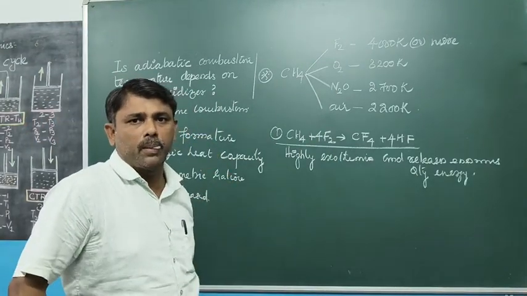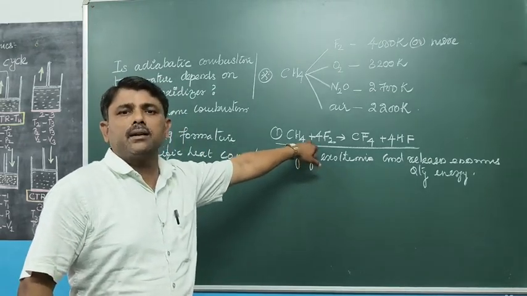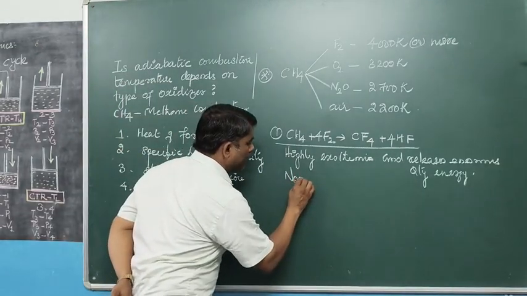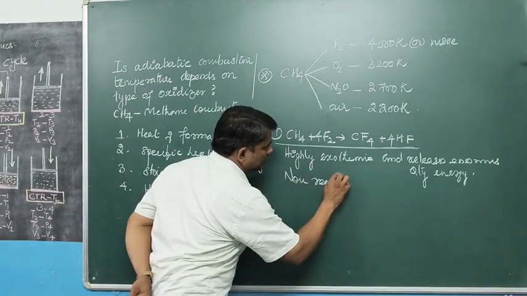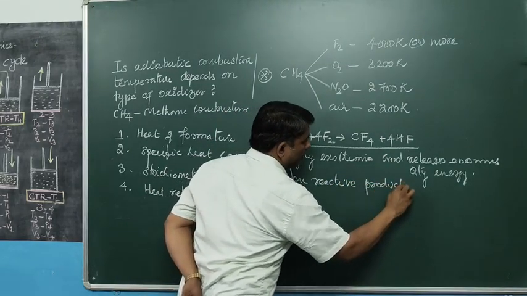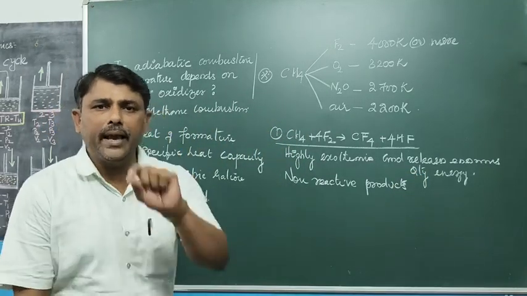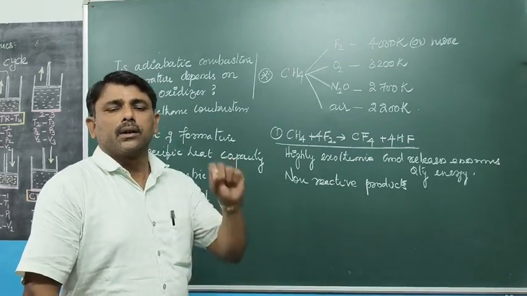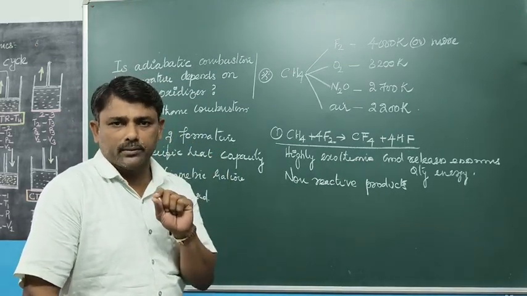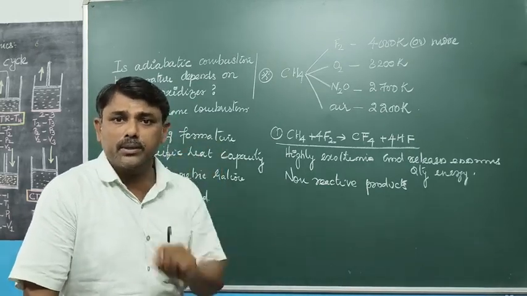Point number 2: this combustion reaction does not have any non-reactive products. Non-reactive product means, for example, if you are using air as the oxidizer, nitrogen is a non-reactive product. The role of nitrogen is that it does not contribute any energy to the combustion process.